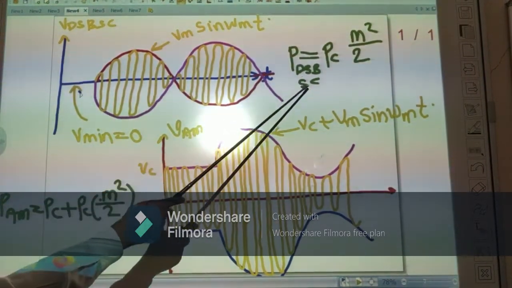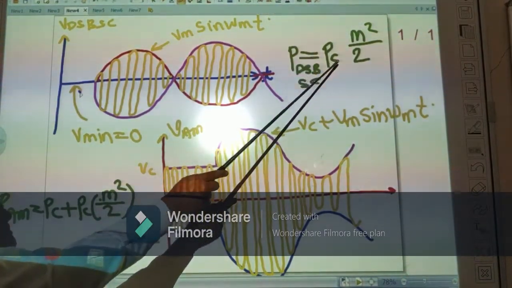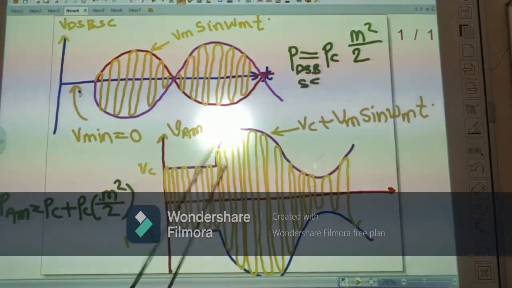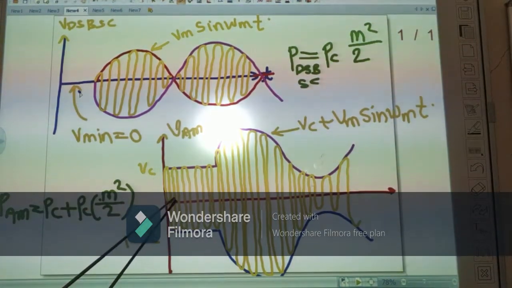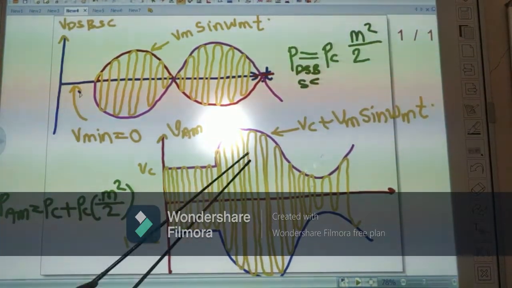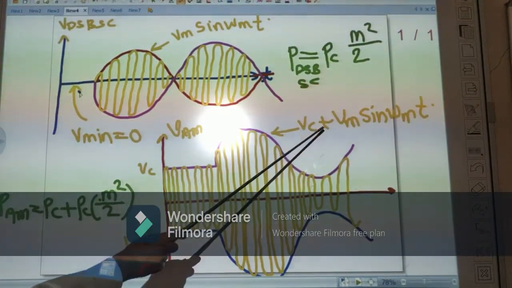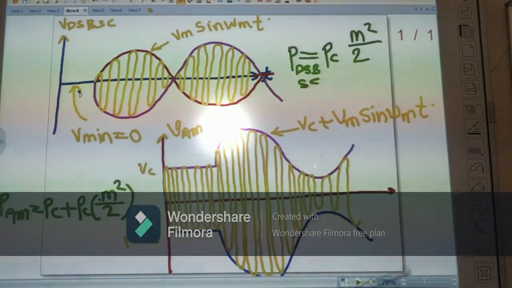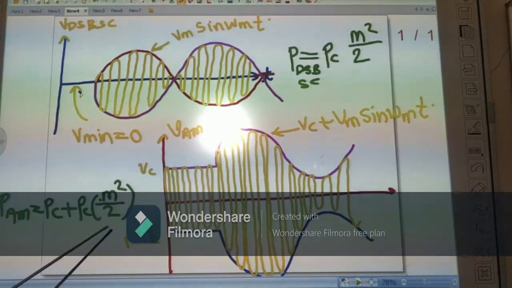The total power required in case of DSB-SC is P equals PC m square by 2. Whereas in case of VAM, you have the carrier amplitude, and again it generates two envelopes, top envelope and bottom envelope, and the amplitude of this envelope is Vc plus Vm sin omega mt. The power requirement here in PAM is PC plus PC m square by 2.